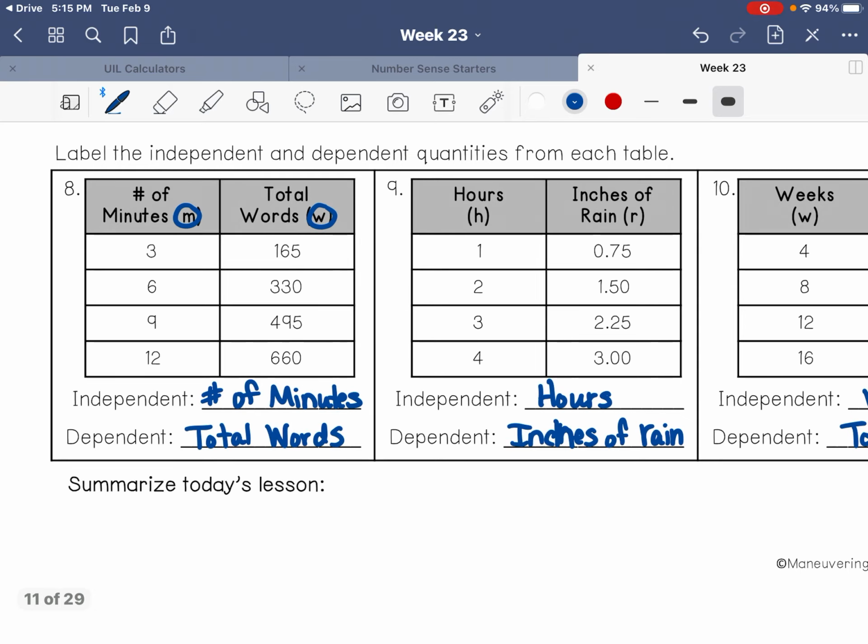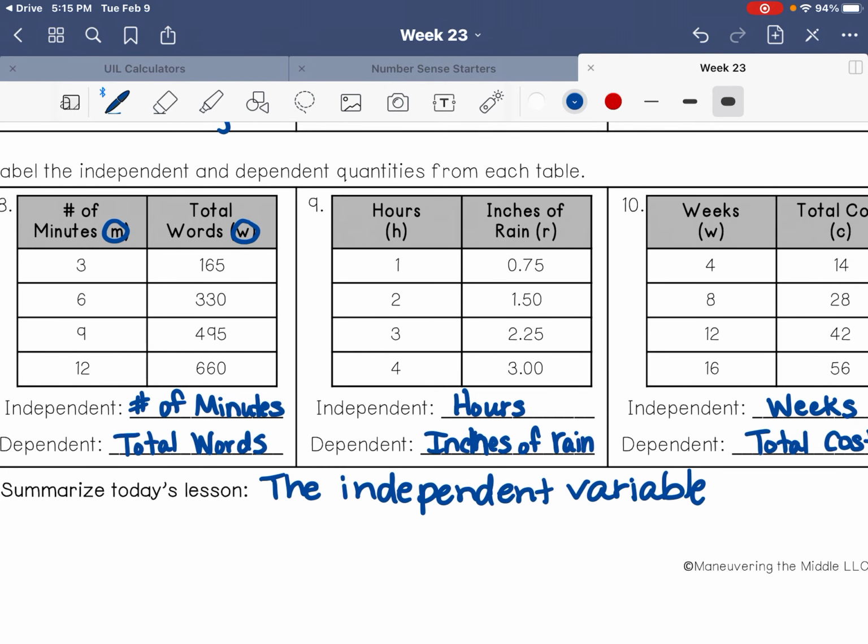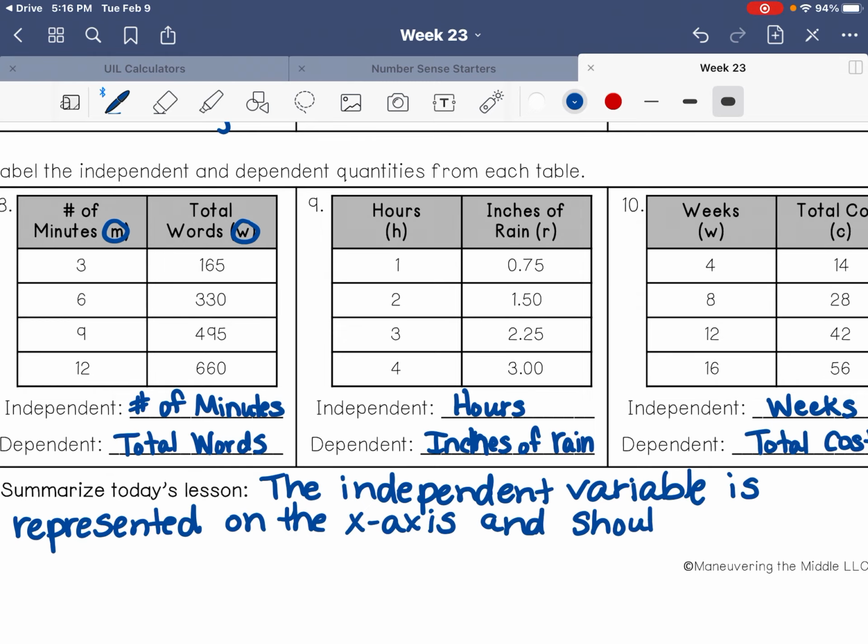So to summarize today's lesson, and I do want you to write this down: the independent variable is represented on the x-axis and should come first in a table.